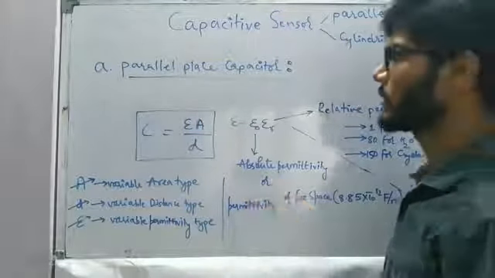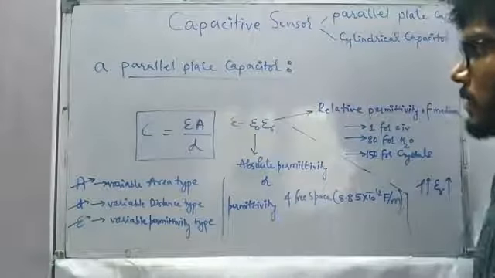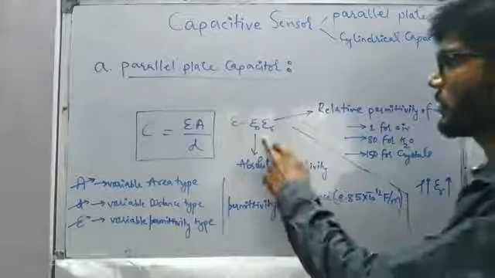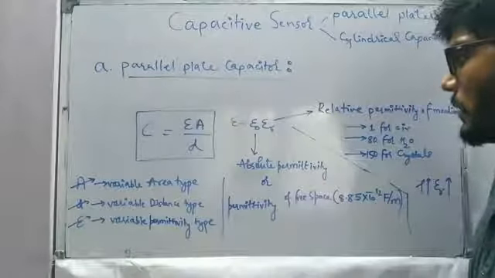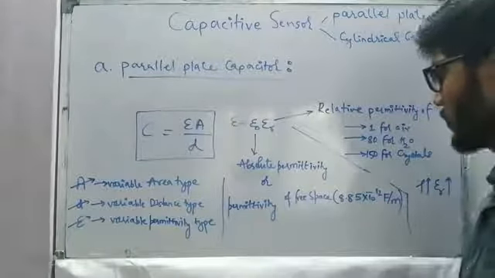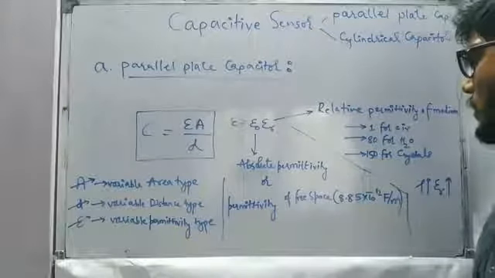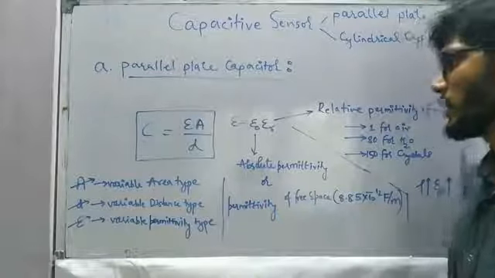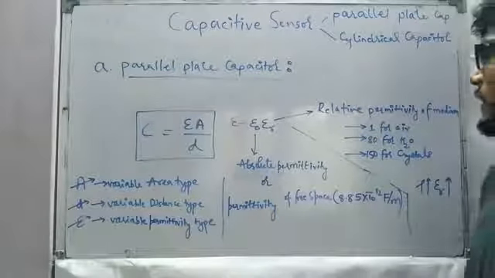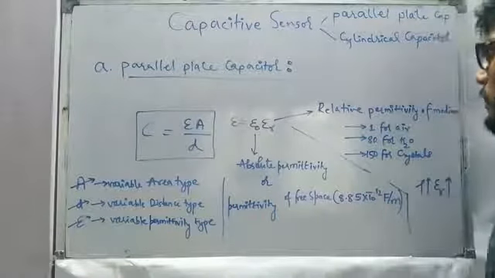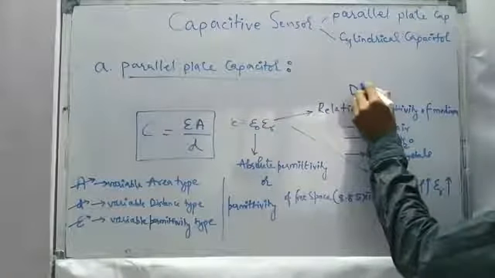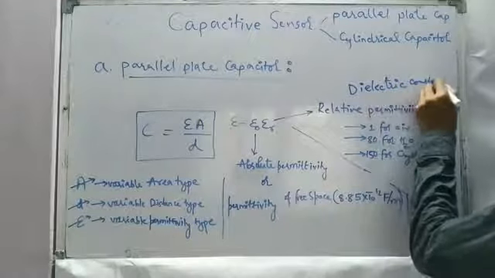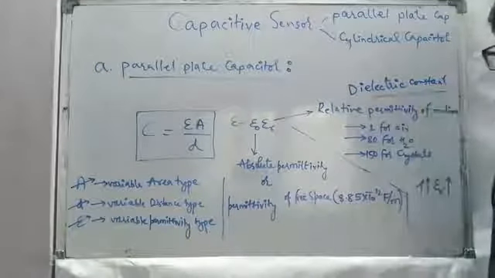The capacitance of a parallel plate capacitor is epsilon A by D, where epsilon is given as epsilon naught into epsilon R, where epsilon naught is the absolute permittivity or permittivity of free space, which is given as 8.85 into 10 to the power minus 12 farad per meter, whereas epsilon R is the relative permittivity of the medium, which is also known as dielectric constant.